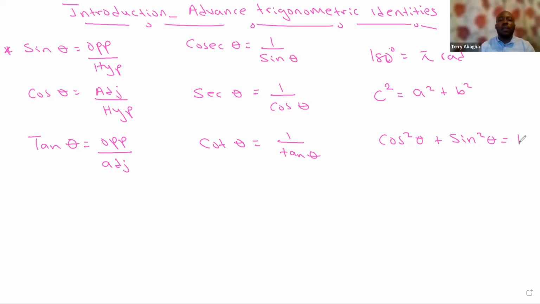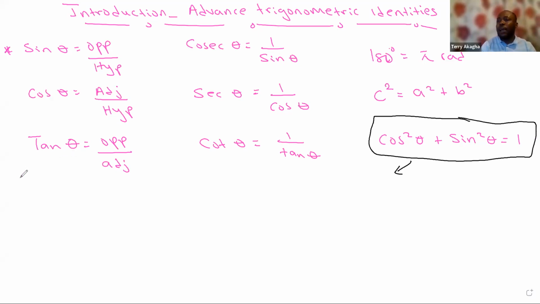Now, the next one I want to talk about is one more identity. Then maybe we can play around and remind ourselves how we get each of these values. As we talked about cos squared theta plus sine squared theta, we can easily see if we can get one more identity from this.